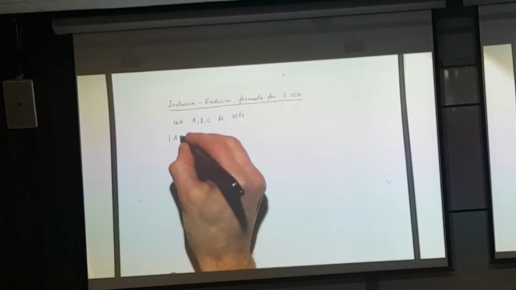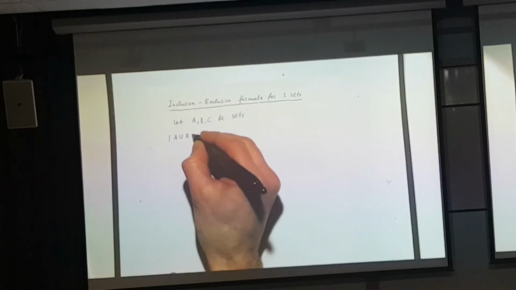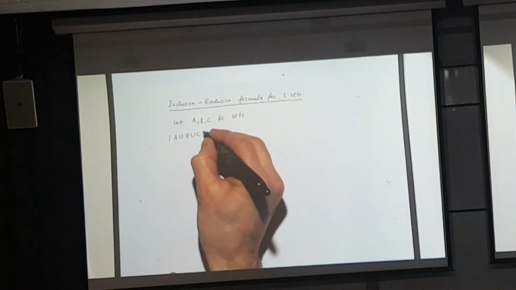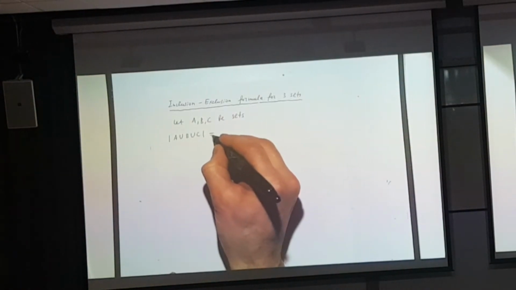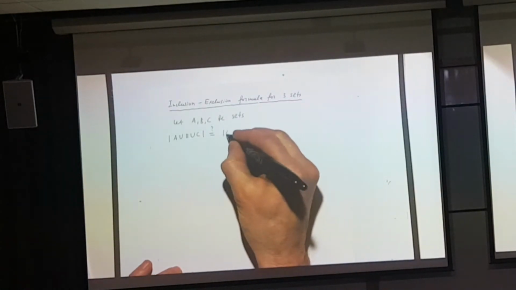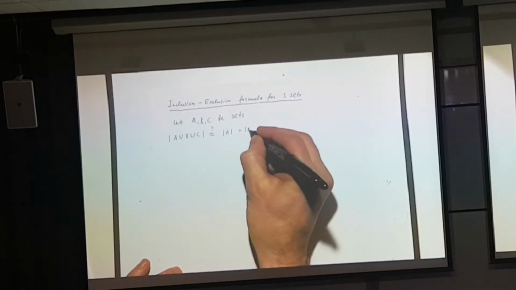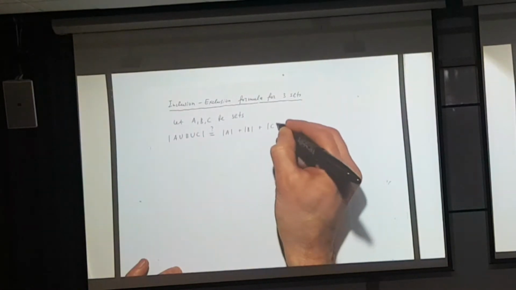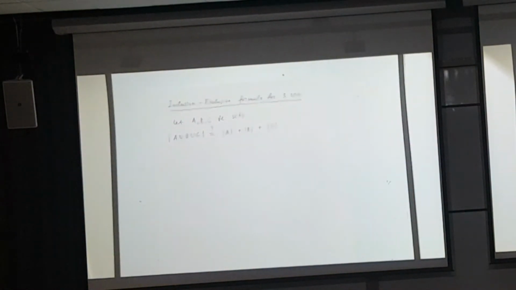So we're after the number of elements in A union B union C. We can get started with just the sum of elements in A, in B, and in C, which would be the correct formula if there are no pairwise overlaps between A and B, B and C, and A and C. Then the sum rule would apply for 3 sets, and this formula would be correct.